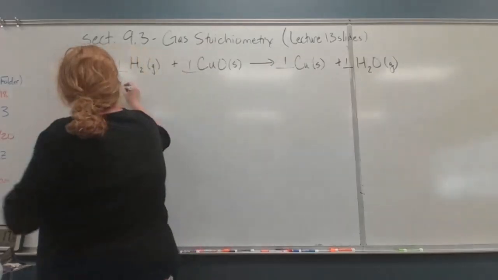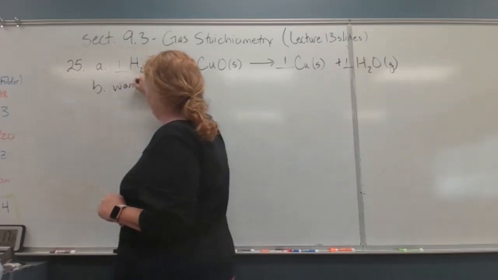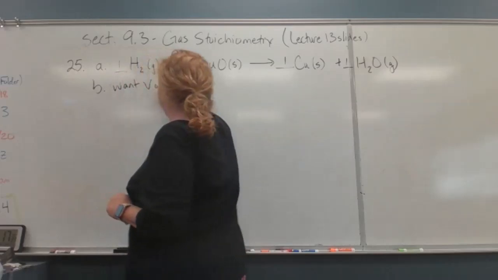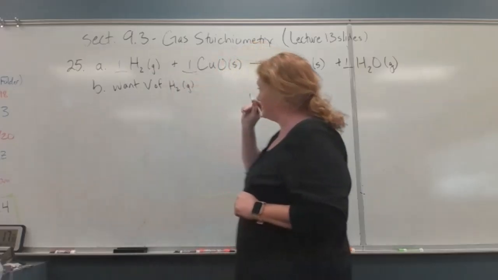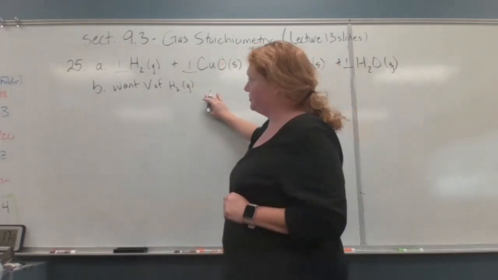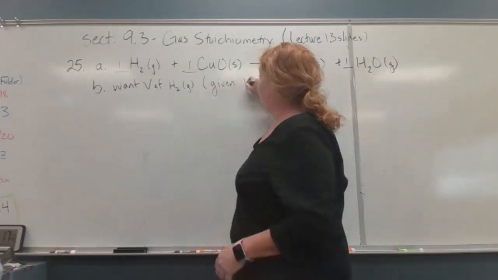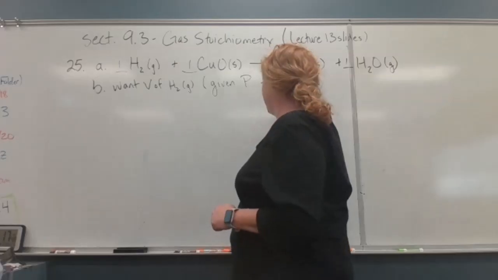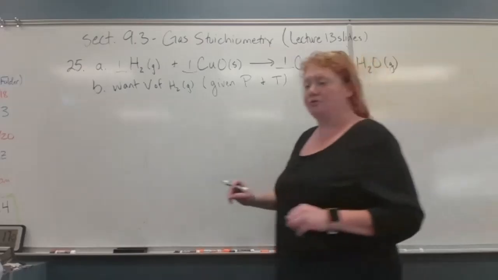Okay. So in this problem, we want the volume of hydrogen gas. Since we are given the pressure and the temperature, the first thing we need to do is get the moles.